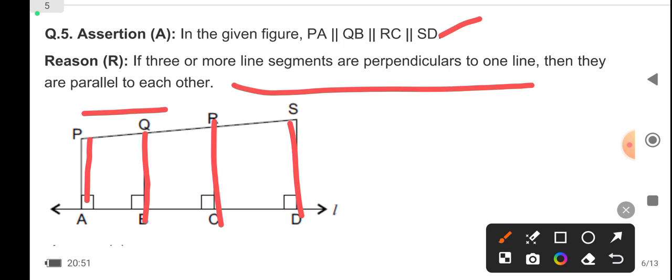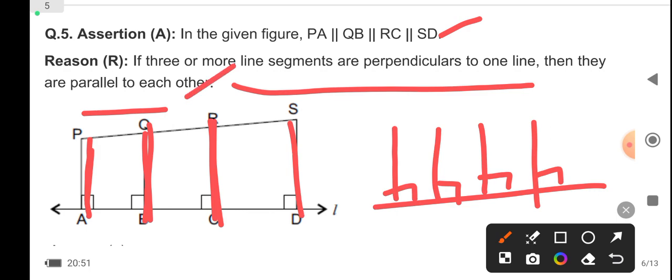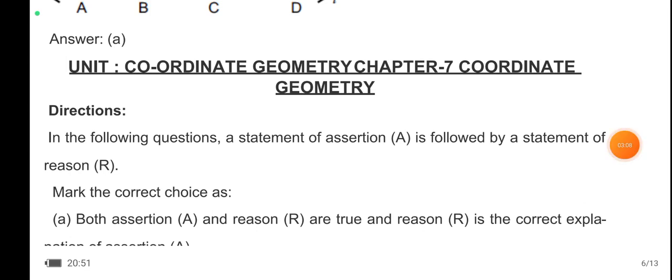Two or more line segments perpendicular to one line, so PA, QB, RC and SD are all perpendicular to a single line, then each is parallel. These four lines are all perpendicular to a single line, so all four lines are parallel. That's the reason they're giving, correct. Option A, clear, check.